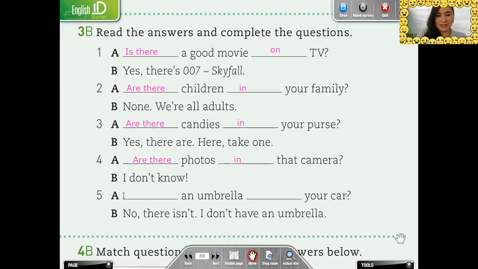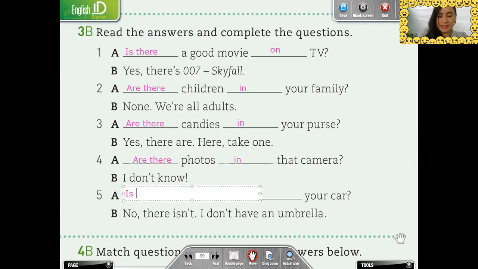And the last one, what's the last? Is there an umbrella on your coat? An umbrella. For singular, you use? There are? No, this is a singular noun. No, there is.